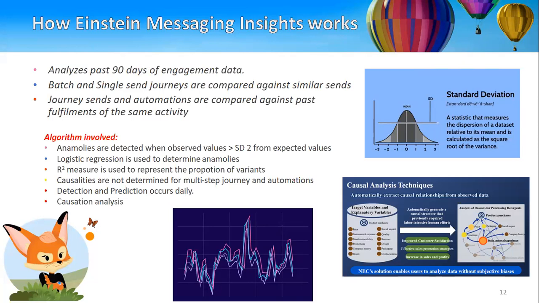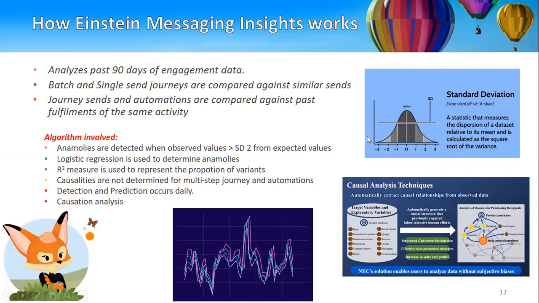The anomalies are detected when the observed value is 2 standard deviations from the expected value. So I have some expected value set with a maximum range, and there is low impact and also high impact happening for that particular range. This is like a diagram for this algorithm, the standard deviation.